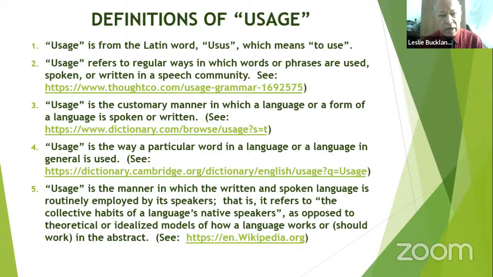So there are different ways in which people may use a word, and usage refers to the regular way in which a group of people who speak the same language and who speak in the same way use a word or a phrase.